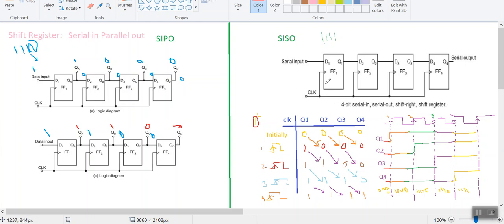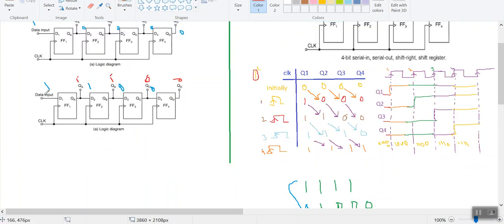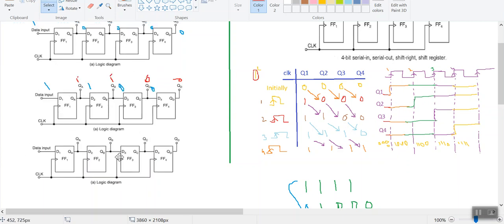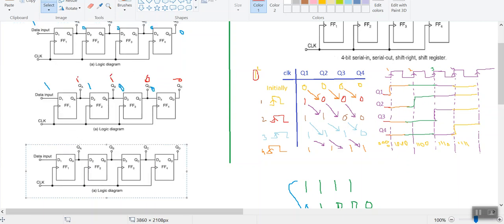When you wait until the last position, you need more clock pulses, but here you directly get your output at each terminal at the end of each flip-flop. In a similar way you get the next state. What is the previous state here? Your previous state outputs are 1 1 and 0 and 0.